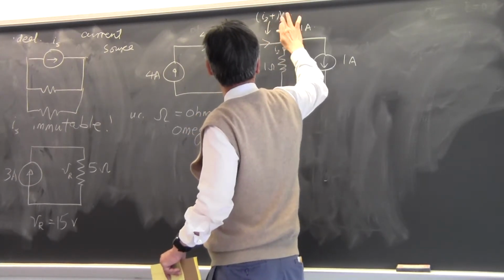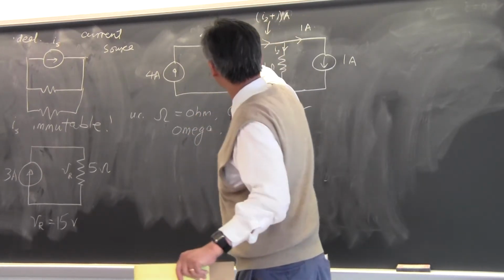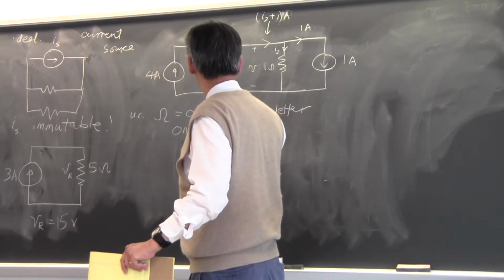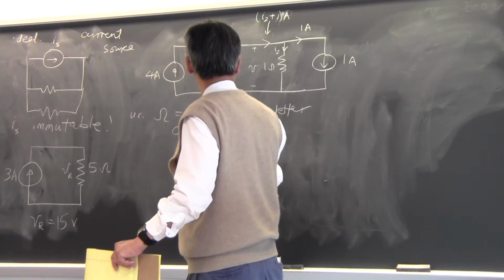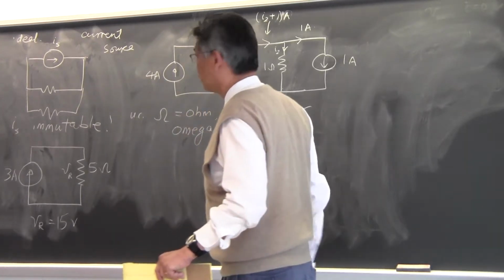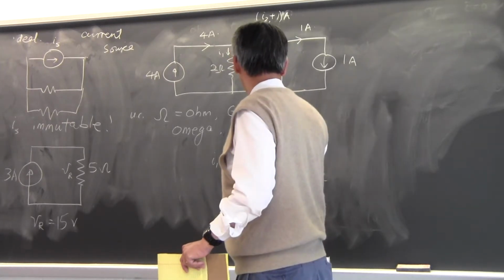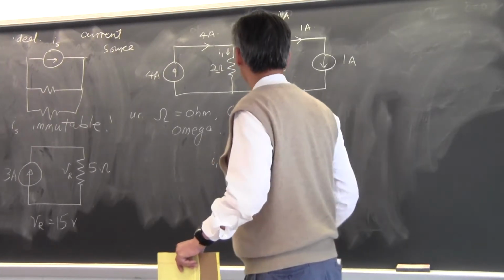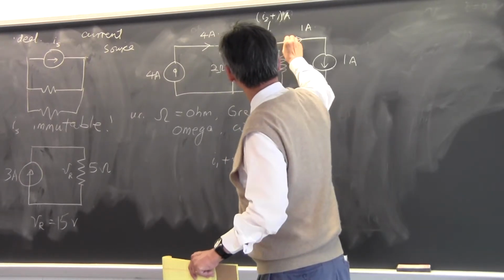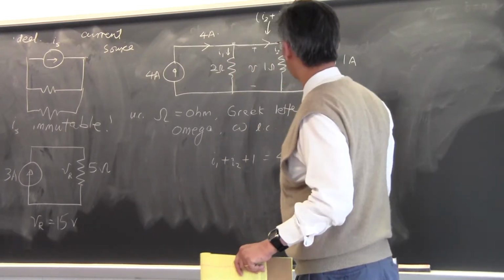Because this current is flowing in that arm, what is the current flowing down here? I1 plus I2 plus 1, which is the total current leaving the node, must be equal to 4 amps, if I apply KCL at this node. I first apply KCL over here, KCL over there.